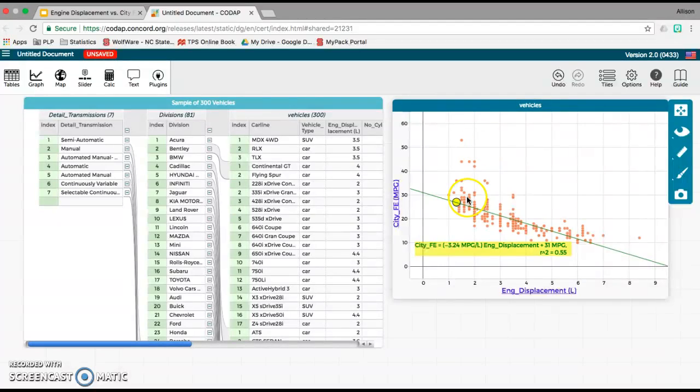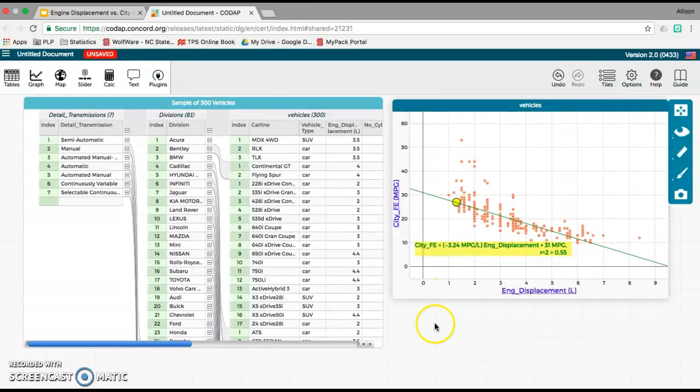Compared to these values below it, I'm thinking that these will be pretty efficient, as long as it follows this regression that we have.